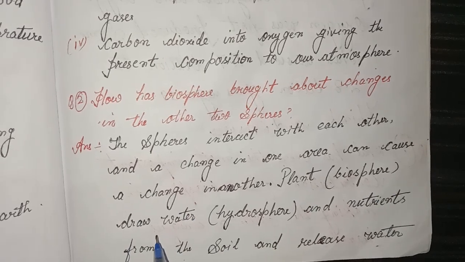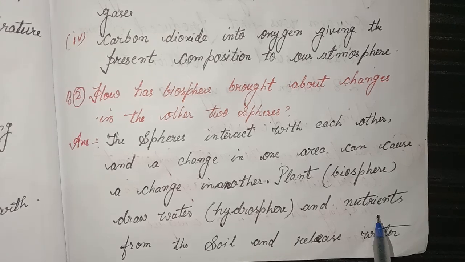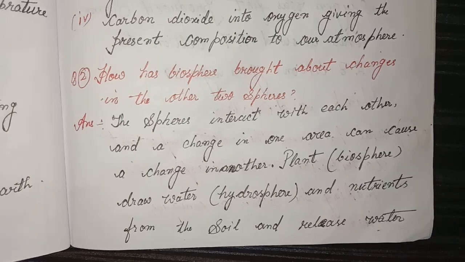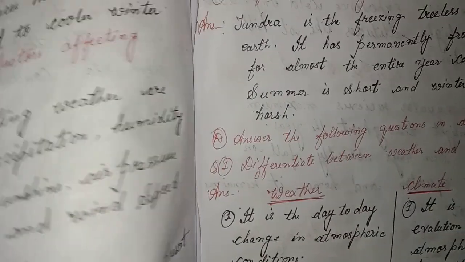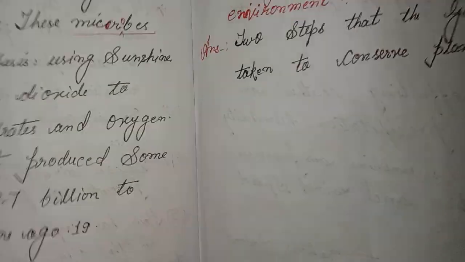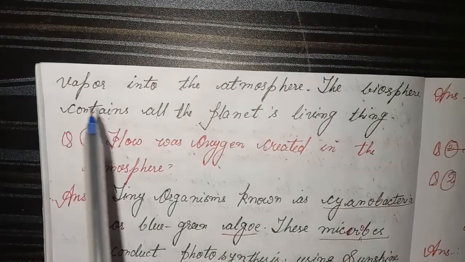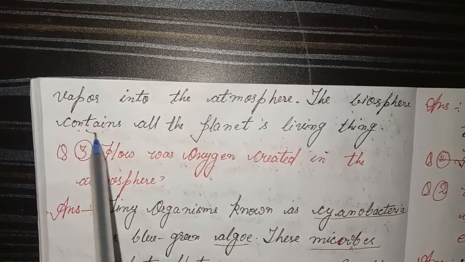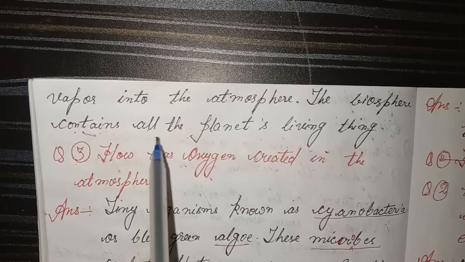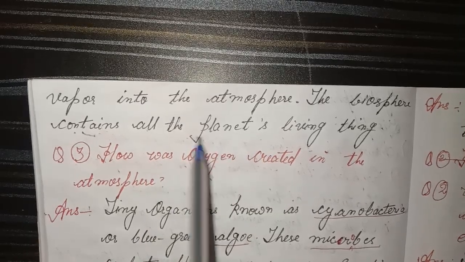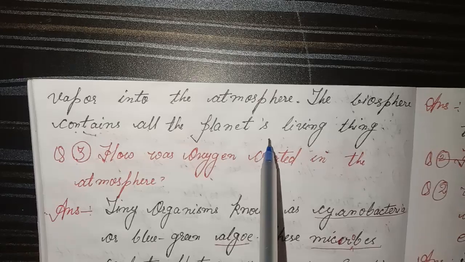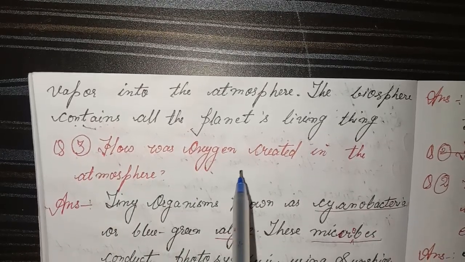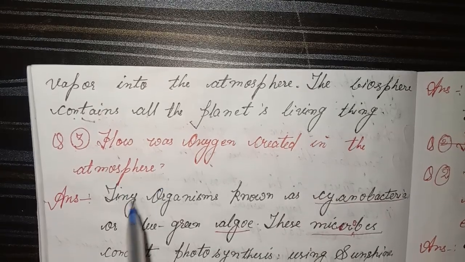Plants draw water from the hydrosphere and nutrients from the soil and release water vapor into the atmosphere. The biosphere contains all the planet's living things.